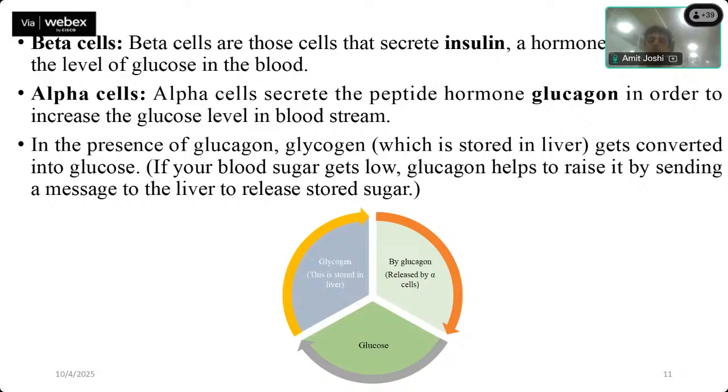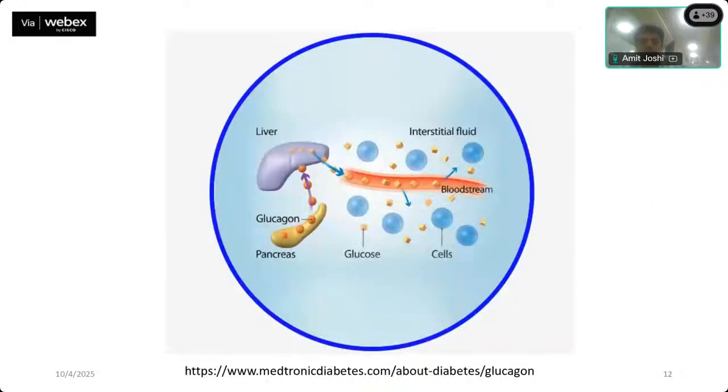So in presence of the glucagon, which is stored in the liver, gets converted into the glucose. So whatever the glucagon hormone is there, through the liver it is being converted into the glucose. If your blood glucose gets low, the glucagon helps to raise it by sending a message to the liver to release the stored sugar. Okay, so this is an automatic cycle which occurs inside our body.